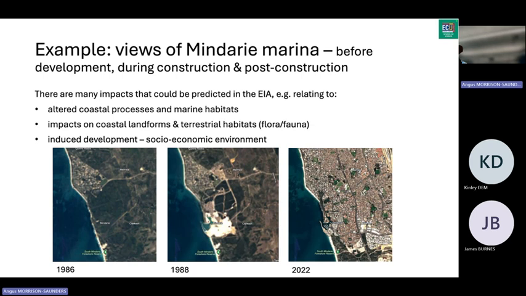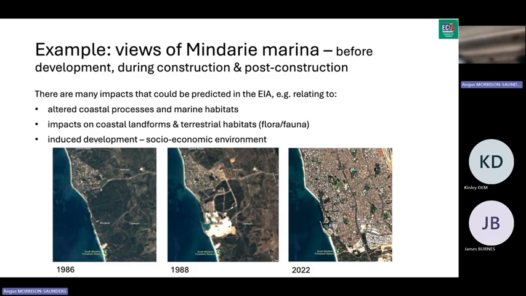You can immediately see they started clearing a lot of land and exposing all the sand, changing the coastal shape and the coastal form, putting in the breakwaters. And then you can see it 20 years on in 2022, urban growth has occurred around that marina, and that whole environment just looks totally different in 2022 from what it looked like in 1986.